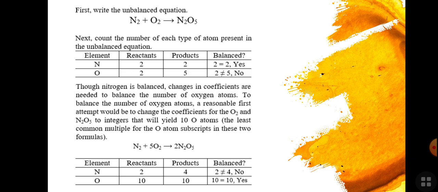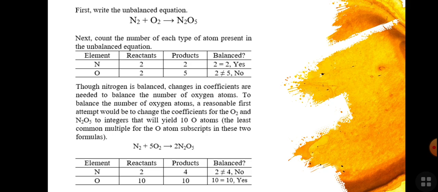As you can see here, nitrogen is balanced but oxygen is not balanced. So what we need to do is balance oxygen, since nitrogen is already okay. We have 2 on the reactant side and 5 on the product side. So that's 2 and 5. In order to balance them, we need to put a coefficient on both sides so that they meet at the value of 10.